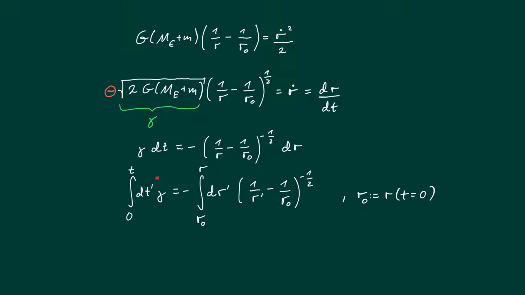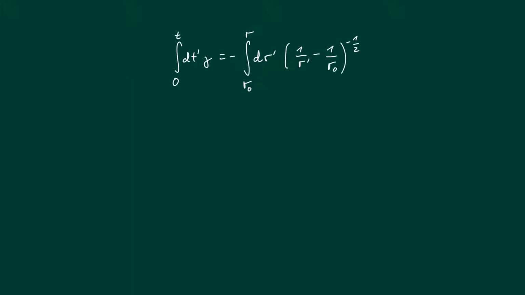The integral on the left hand side is trivial, and on the right hand side this integral is a little bit more tricky, and we have now to solve this, and having the result for this integral we are done and can write it down at least in the form where we have on the left hand side our time and on the right hand side some function which depends on the initial distance and the coordinate r at a certain time t. So in the last step, let's solve this.